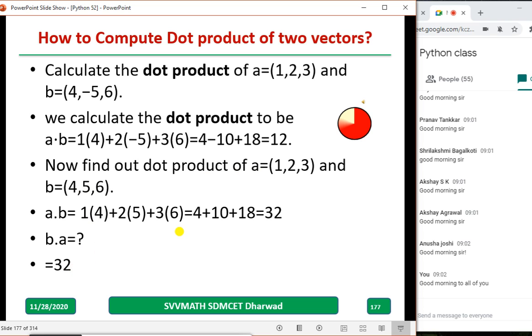Anyway, we'll see the function, how I can use it, in the next slide after a few seconds. Let me go to the next slide.